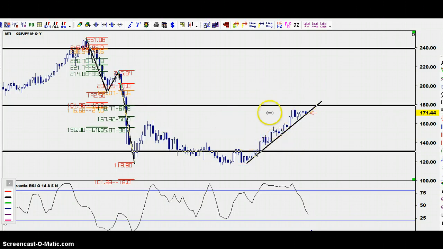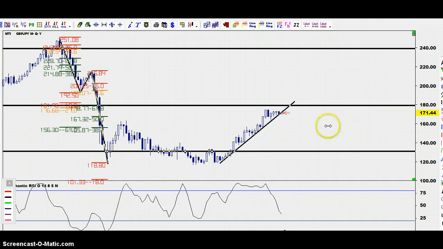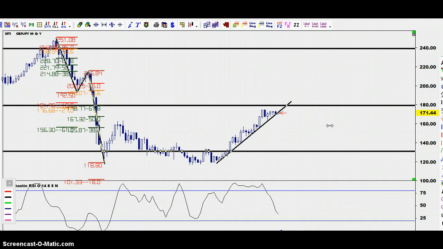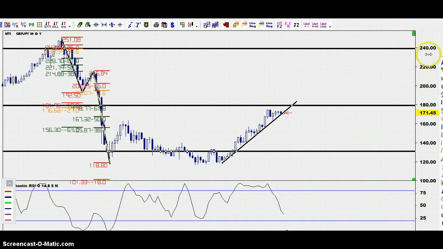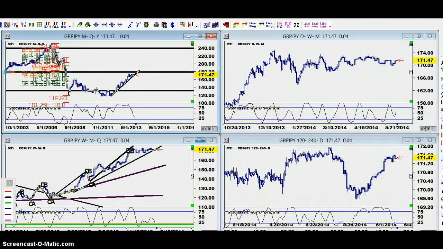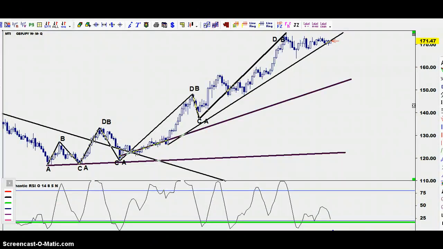It's come up near enough to a 618, which is a fib level as well as a point of hidden resistance. Okay, let's move on to the weekly chart.